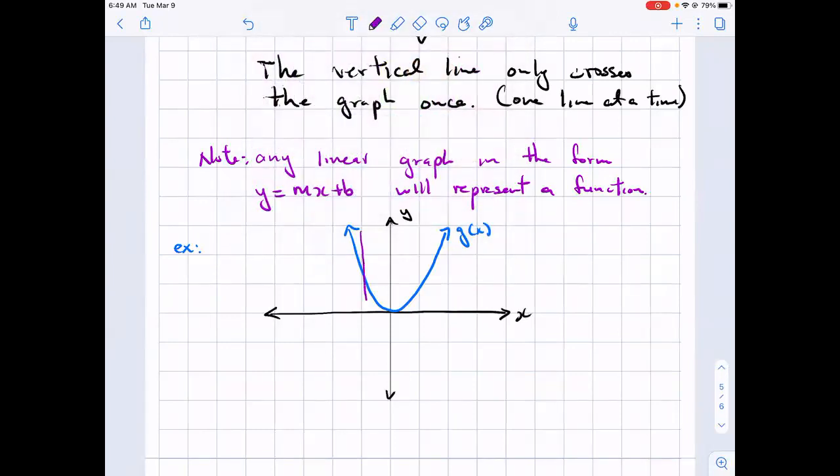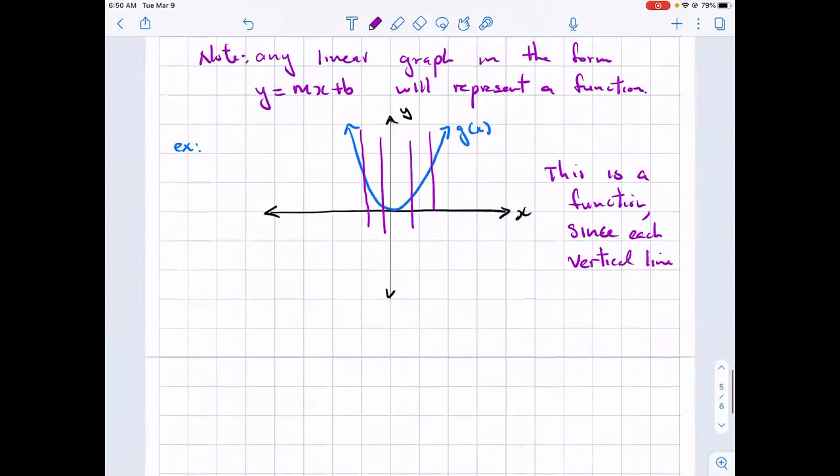If we draw a bunch of vertical lines, you will notice that this here also is a function, since each vertical line only touches the graph once. Once is the keyword here.